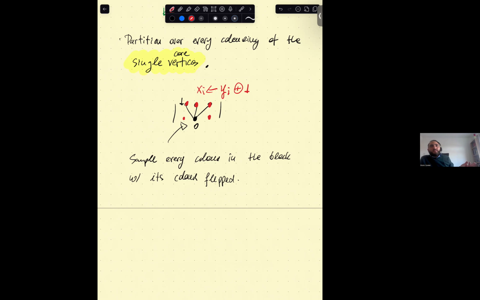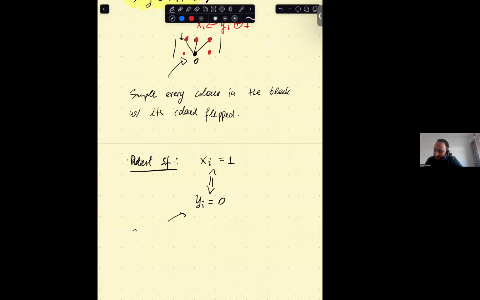If you sample colors inside a certain block and just flip them, it's still uniform. But the robust sunflower property is going to tell us that xi is 1, which is the same thing as yi is 0. So the y's are the coloring you want.